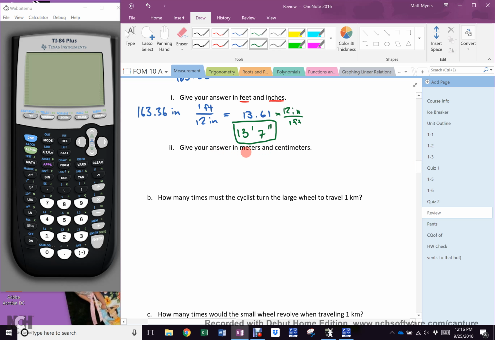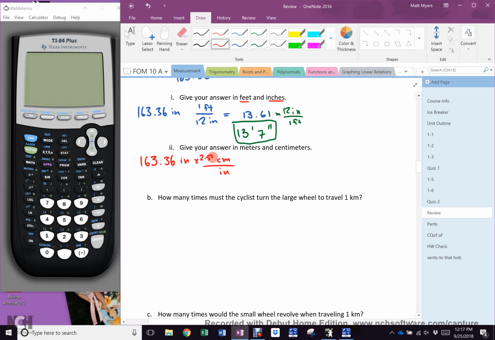Now I need this in meters and centimeters. I know I had 163.36 inches, correct? If I go to centimeters, it's easy to turn to meters, right? I just got to move the decimal twice. So how do I turn that to the centimeters that I want when I have inches? Right.